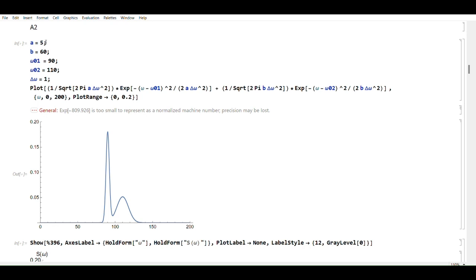I've taken A equals 5, B equals 60, and omega naught 1 as 90, omega naught 2 as 110, with delta omega as 1. And I am just plotting the spectral density over here as a function of omega. So here you see that omega naught equals 90.